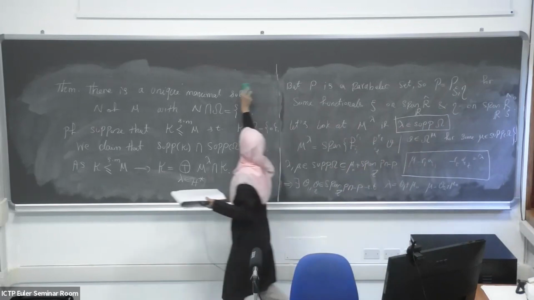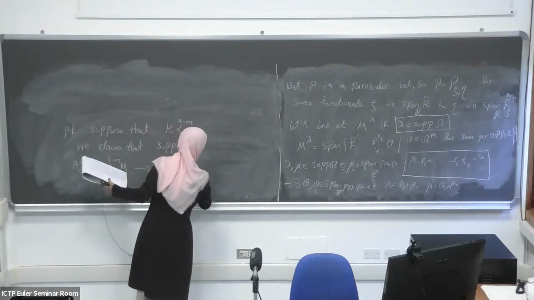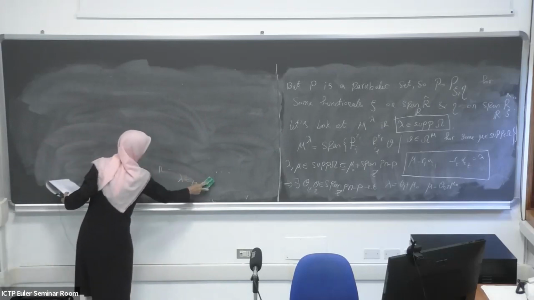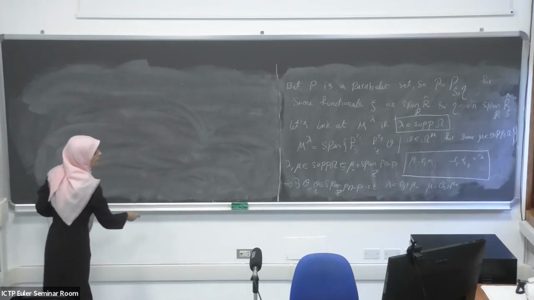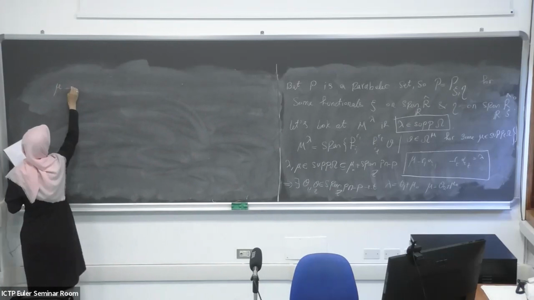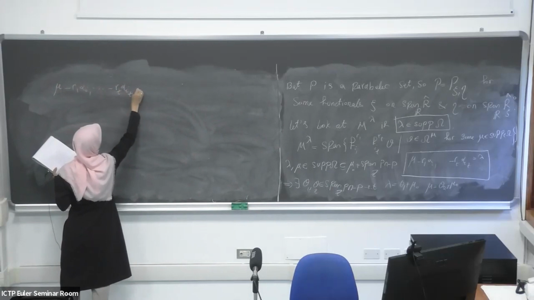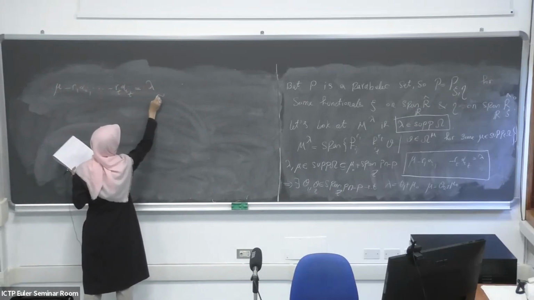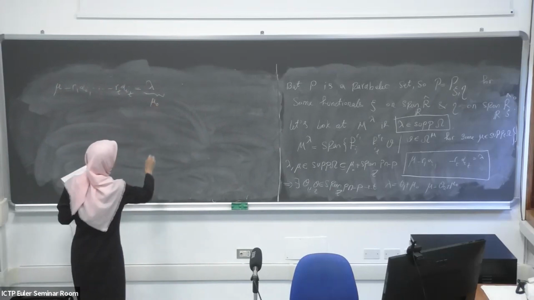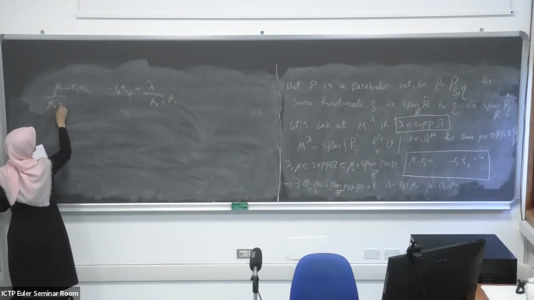So what we have, mu minus R1 alpha I1 minus RT alpha IT equals lambda, but lambda is mu0 plus theta 1, and mu is mu0 plus theta 2.